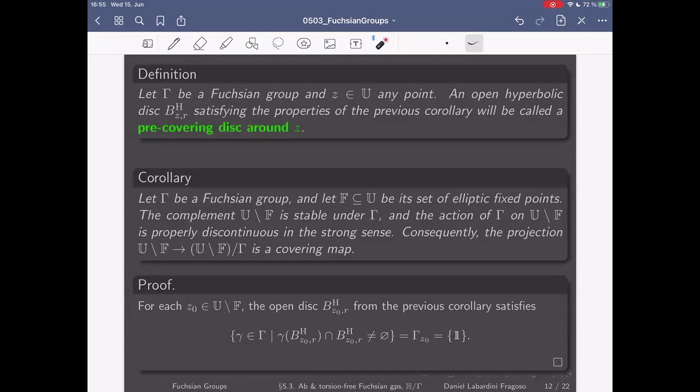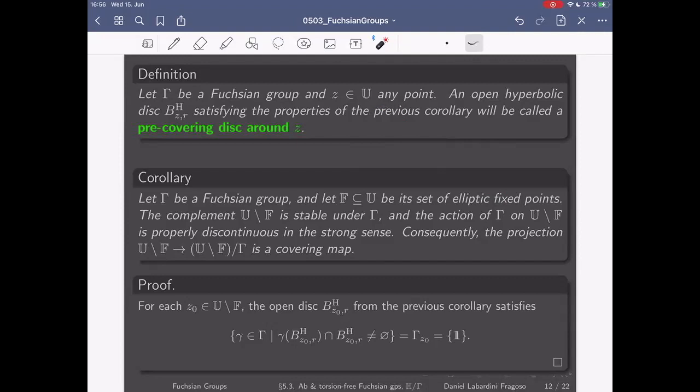It's a bit like if you are in R2 and you look at rotation around 0, for example, then the quotient space should be something like a cone, right? And then here you have some singularity. And if you take out that point, then you have a covering map. But if you leave it in, then you don't.